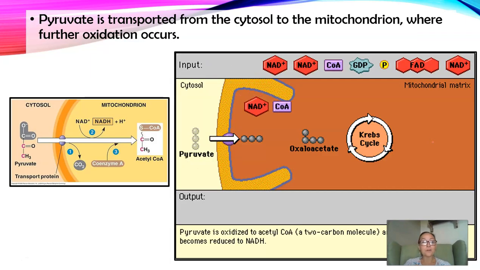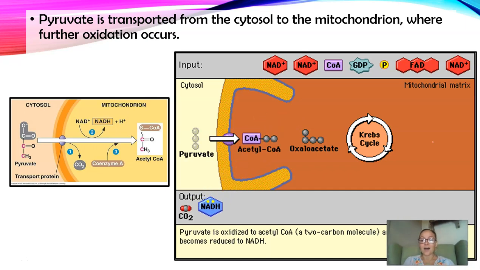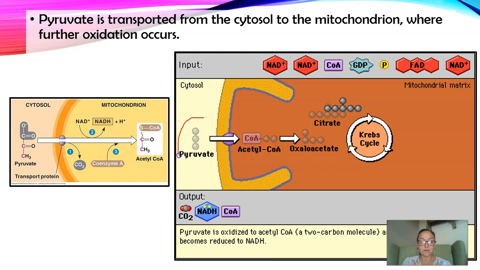So we're going to need to harvest that energy. So our next step is called the oxidation of pyruvate, where we're going to start in the cytosol. The pyruvate that was made in glycolysis occurs in the cytoplasm. This will travel into the mitochondria.